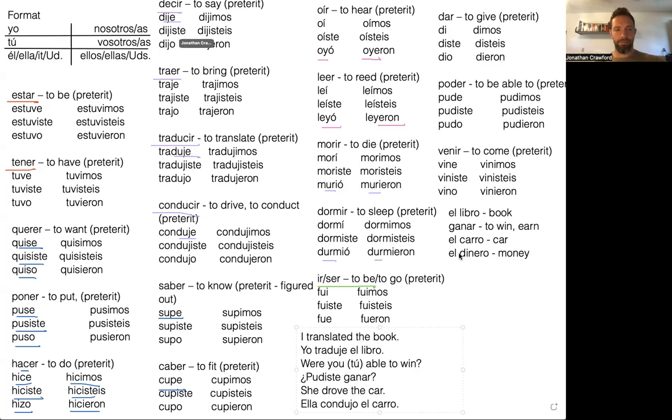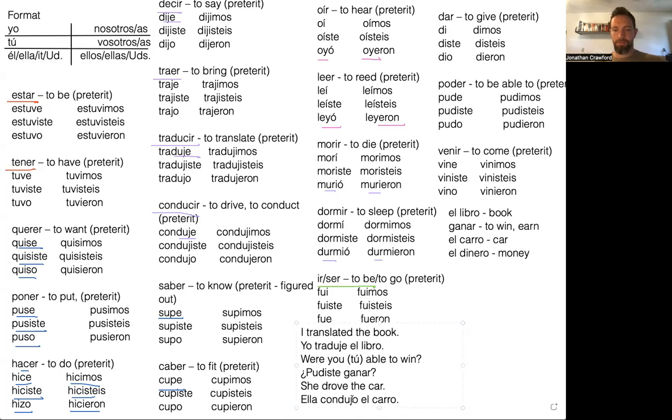El dinero. Let's move this up just a little bit. Él condujo el carro. Okay. Dinero. What sentence can we do with dinero? I'll just put it over here.